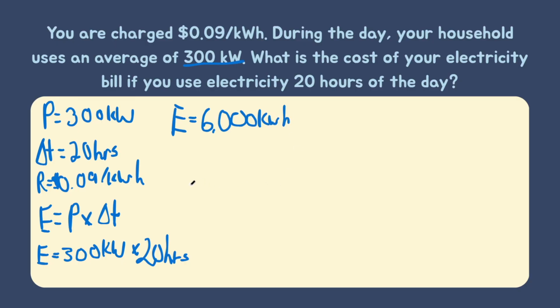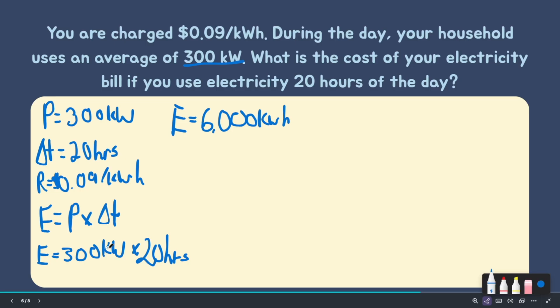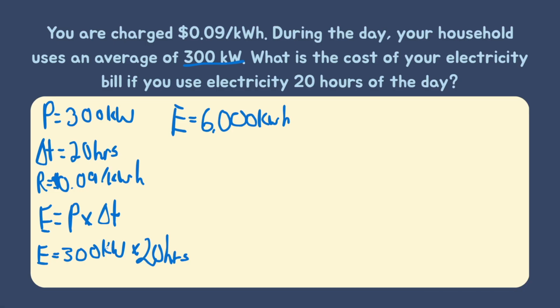To break this down, we basically multiply the numbers, and if you take kilowatts and hours and you times them together, you get kilowatt hours. It's that easy.